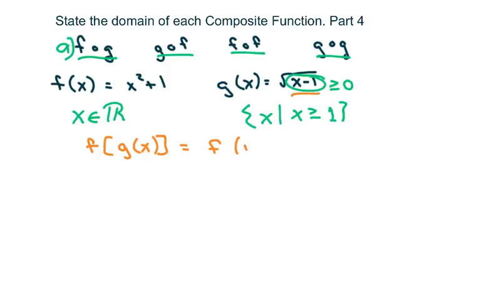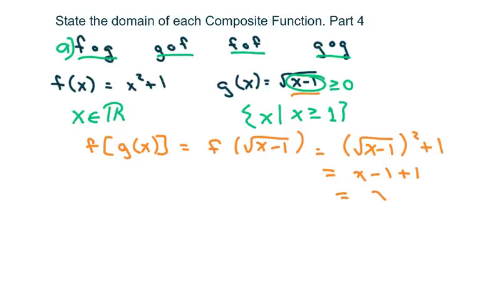So that's going to be the square root of x minus 1, which equals the square root of x minus 1 squared plus 1, which equals x minus 1 plus 1, which equals x.